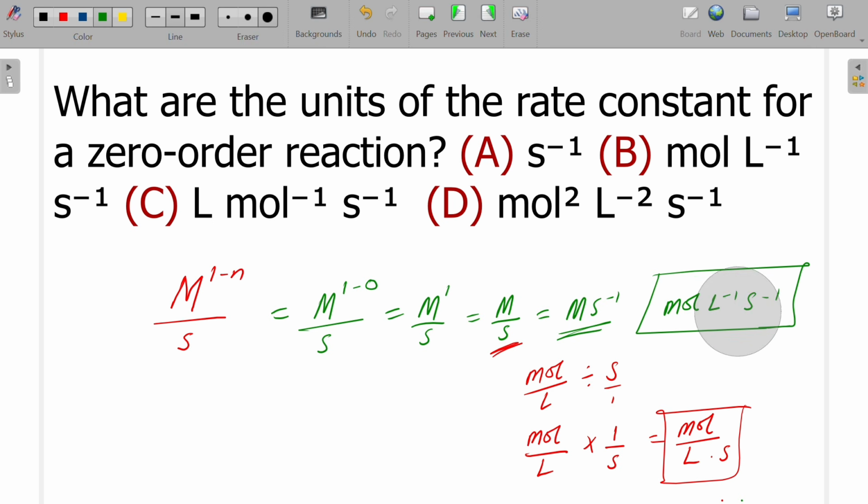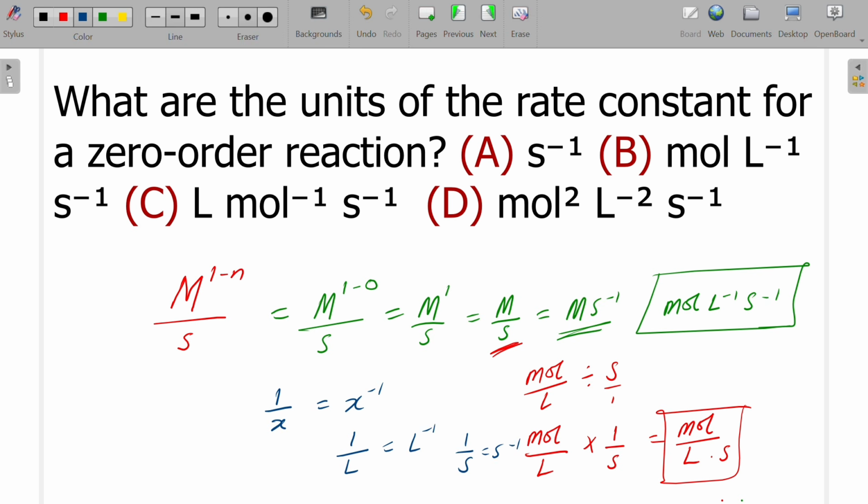If we are wondering where the minus 1 and minus 1 are coming from, it is from the concept of indices. If you have 1 over x, this is the same as x to minus 1. So if you have 1 over L, this is the same as L to minus 1.